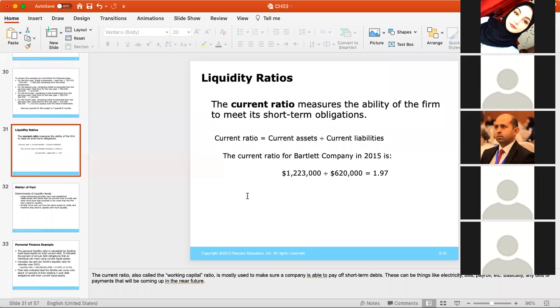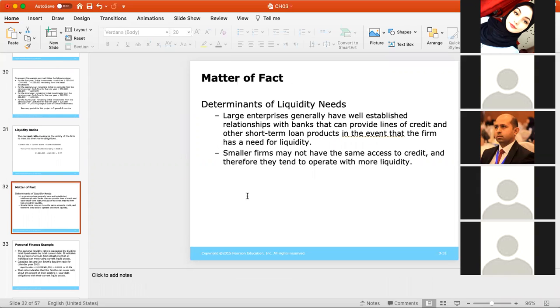This example uses numbers that appear on the balance sheet that I showed you. So we divide the current assets of this company, Partel, over its current liabilities, and the result is 1.97. Roughly, it is going to be 2.